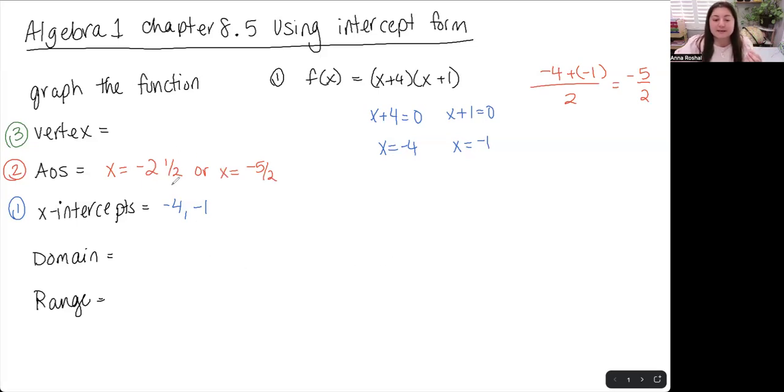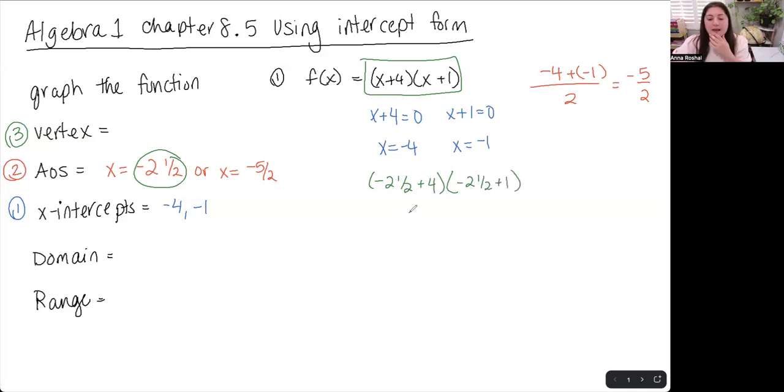So how do we find that? We take this -2.5 or -5/2, whichever you prefer, and we put it back into here to solve for y. So I have -2.5 plus 4, and I have -2.5 plus 1. So this becomes 4 minus 2 is 2, minus 1/2 is going to be 1.5, and then this is going to be -1.5.